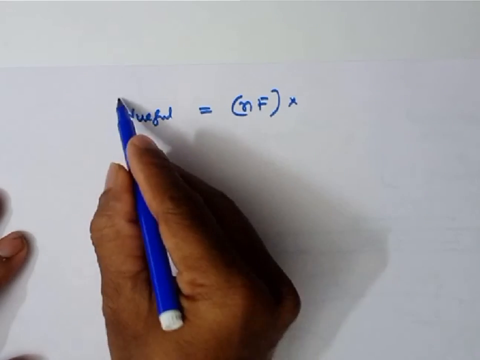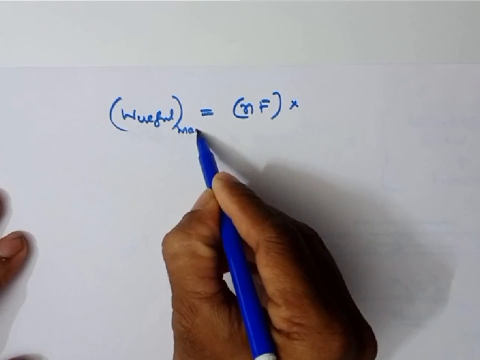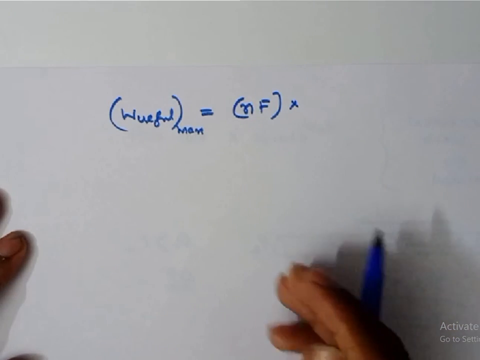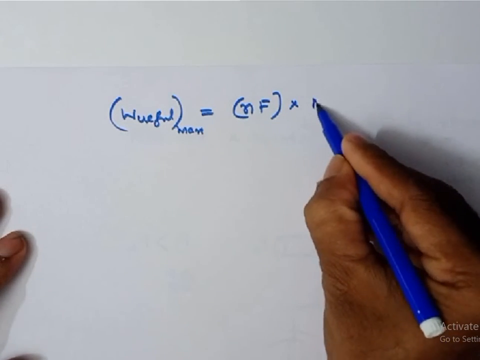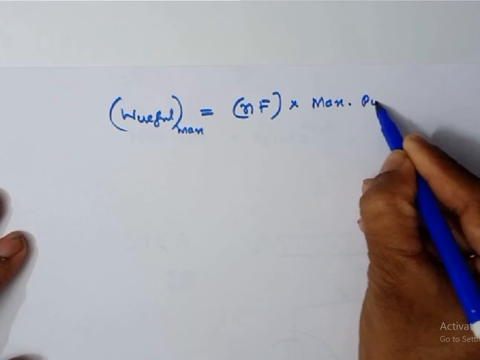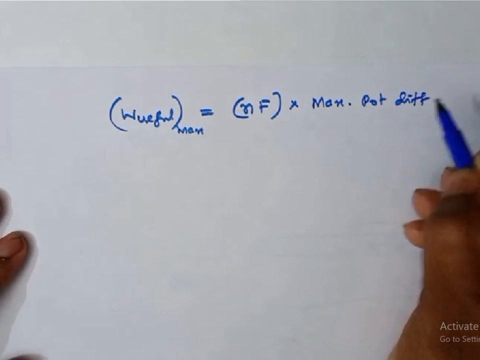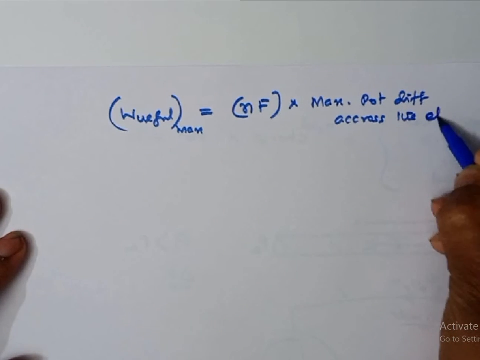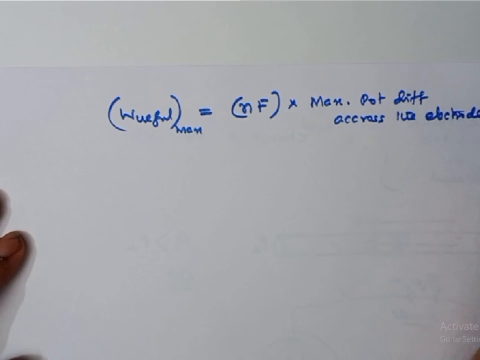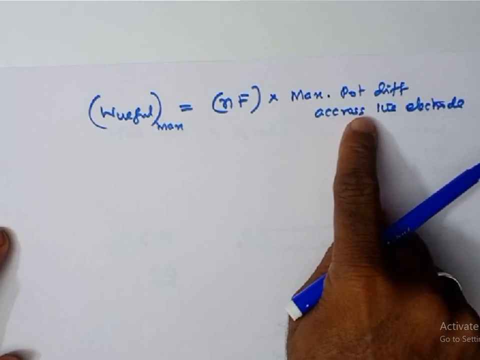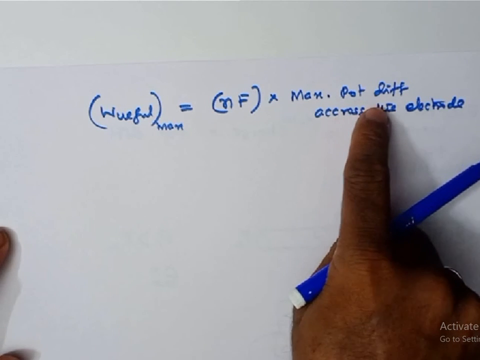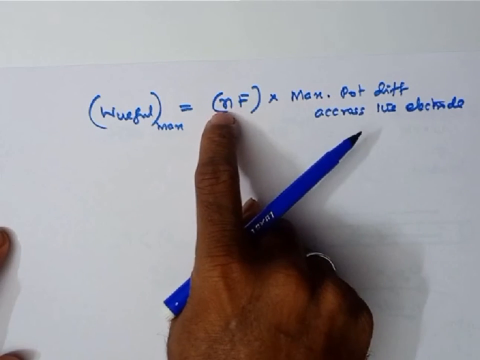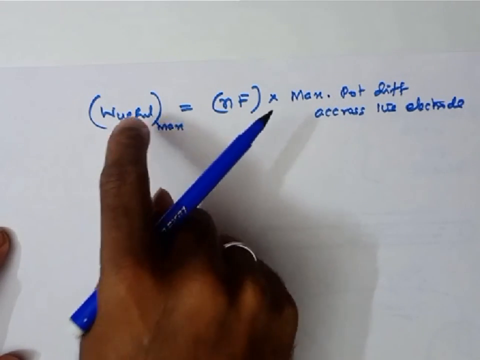Listen student, maximum work we get when the potential difference is maximum, the maximum potential difference across the electrode. Observe this carefully student, very very important. If the difference between the electrode potentials is maximum, then the maximum potential difference into the total charge will give you the maximum useful work.